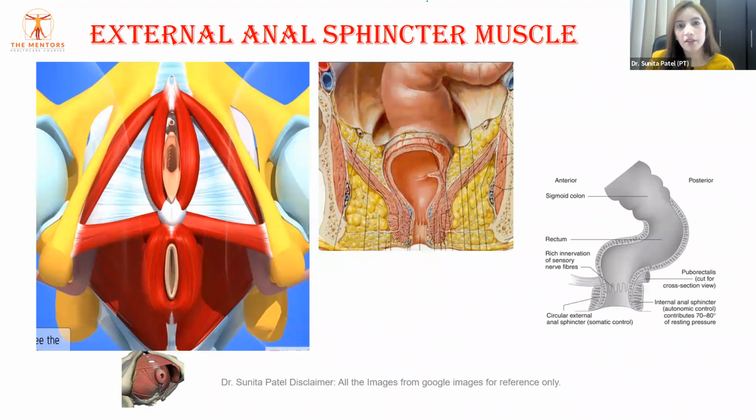Now, is there any question? Let me take a question first quickly. Dr. Sunita, it happens to me that I simultaneously defecate and urinate at the same time. Yes, dear, you have a weak pelvic floor.